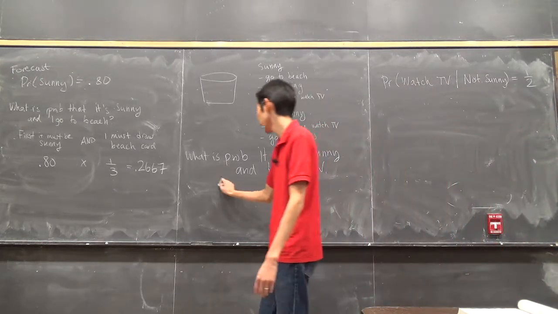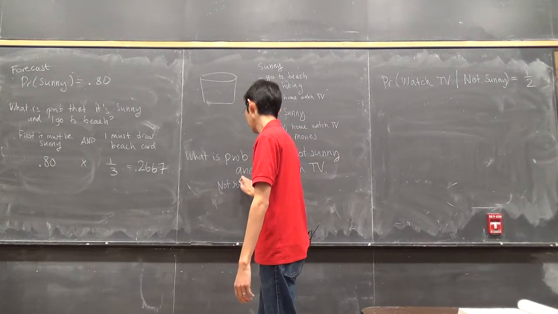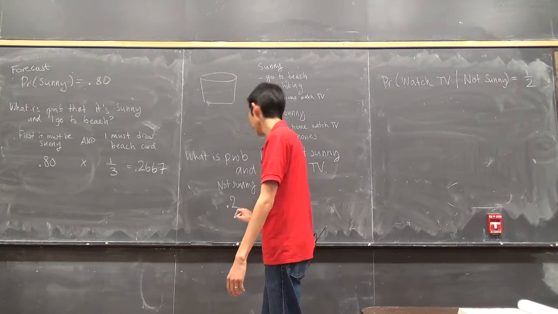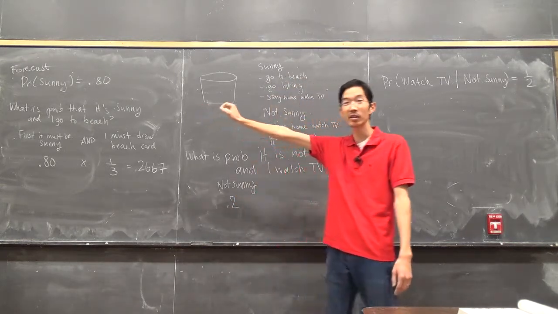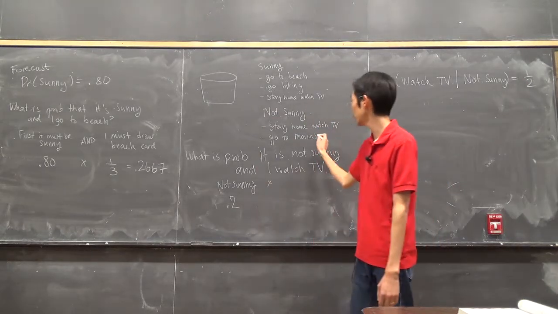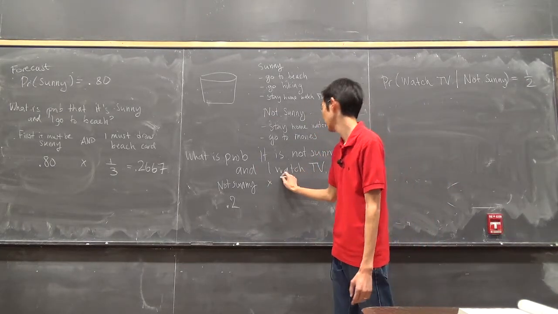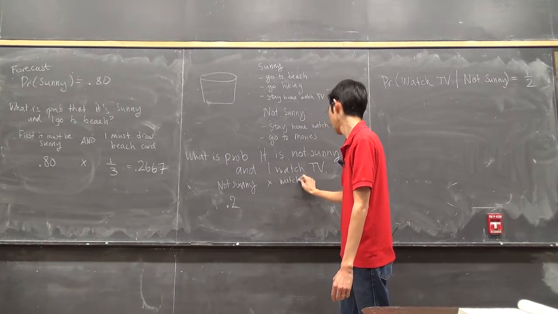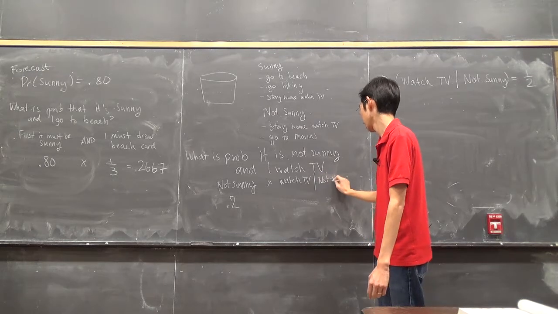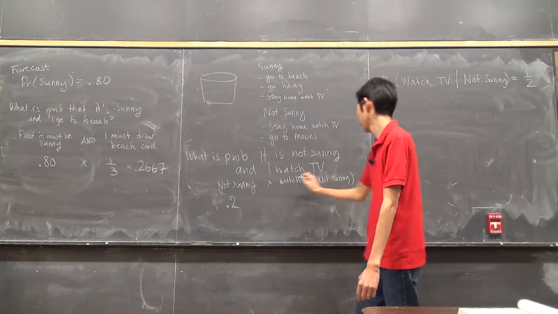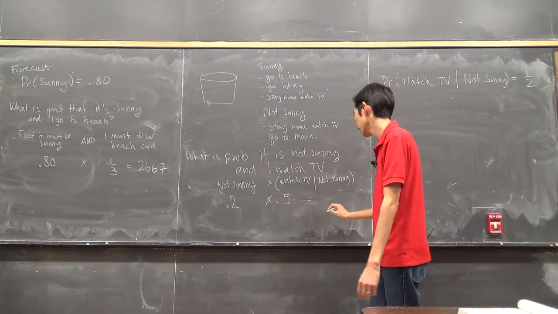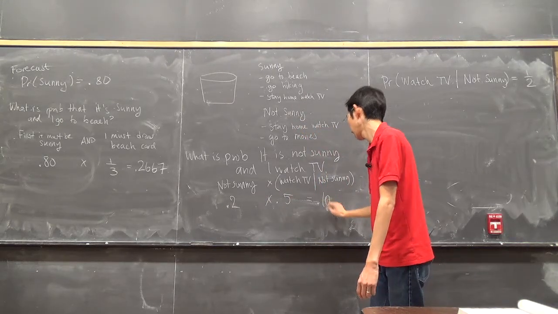Okay, so first it has to be not sunny. And what's the probability that it's not sunny? 0.2. And we got 0.2 because not sunny is the complement of sunny. So I do 1 minus 0.8. And then I multiply the probability of watching TV, basically given that it's not sunny, which is 0.5. And so here I get 0.1.